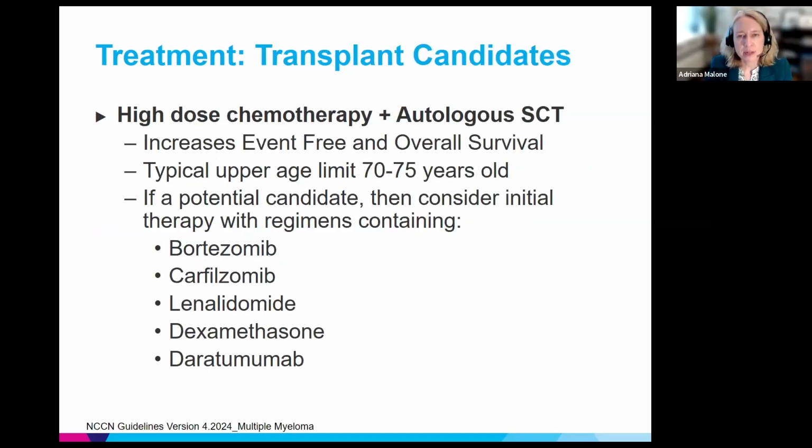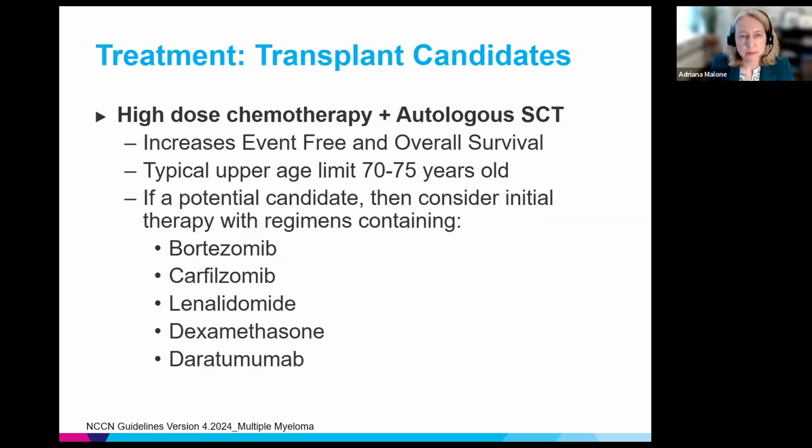When we think about transplant, these transplants are autologous transplants, meaning we have the ability to give patients high-dose chemotherapy with melphalan and then infuse their previously collected stem cells to facilitate a faster engraftment and recovery from the side effects and the myelosuppression of chemotherapy.